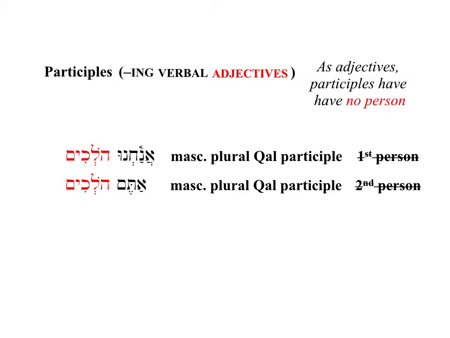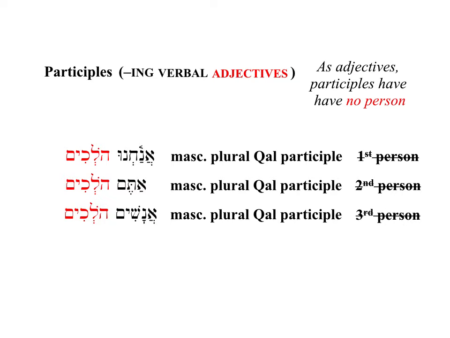Atem holakim, you all are walking ones, but the word holakim has no true first person concept that it captures in its form. And with third person, anashim holachim, men are walking ones. We have, again, an example where the participle clearly has no personhood.